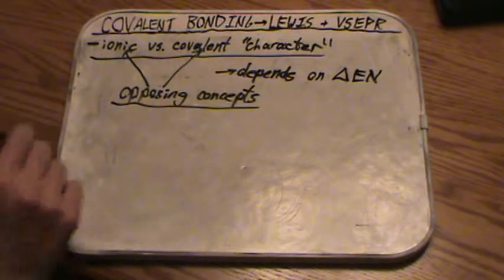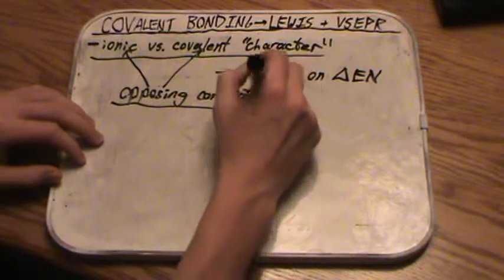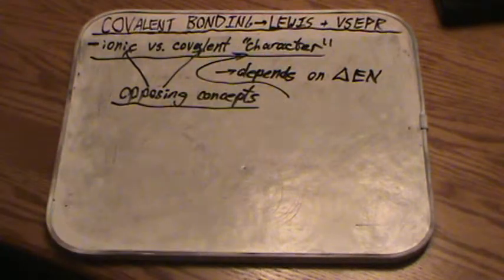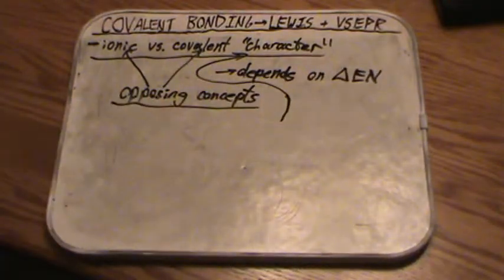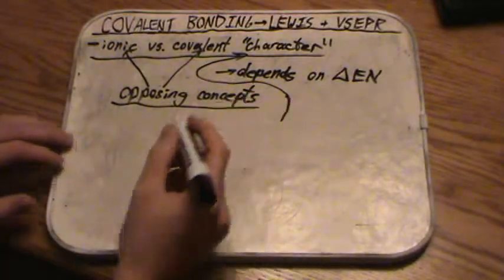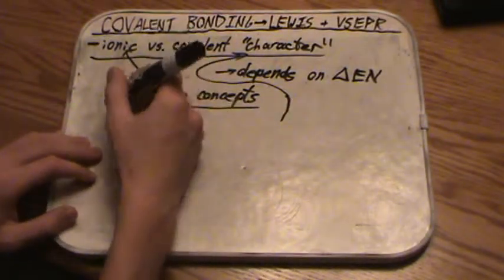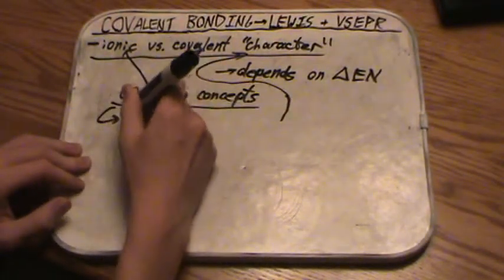Okay, but so how does this word character fit in? Well, what this word character says is that because they are opposing concepts, what we would almost like to say dual concepts, they exist on a continuum.